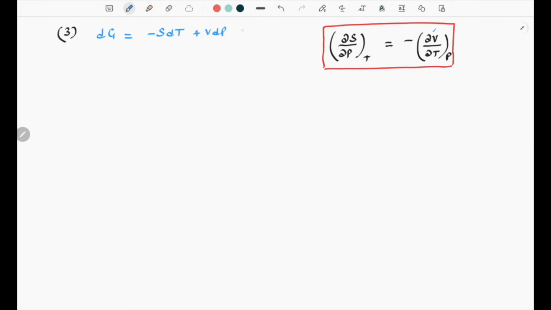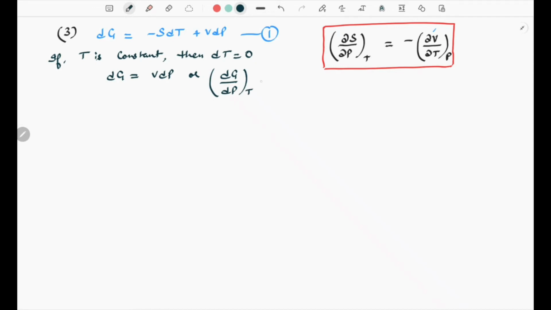This is our equation 1. We will follow a similar procedure in which we start with, if temperature is constant, then dT becomes 0, or our equation 1 is reduced to dG is equal to VdP or dG by dP at constant temperature is equal to volume.